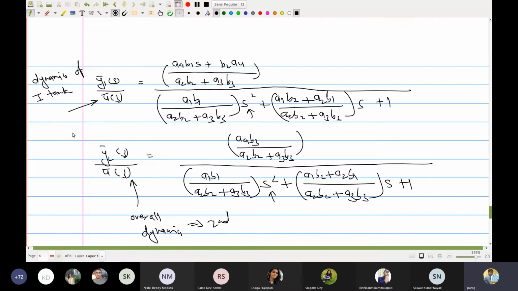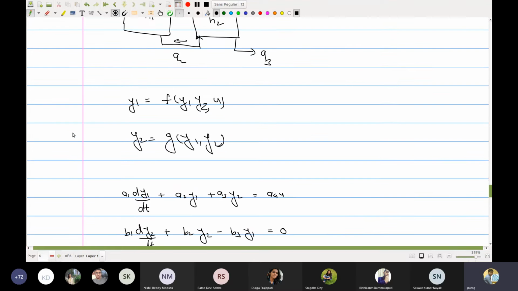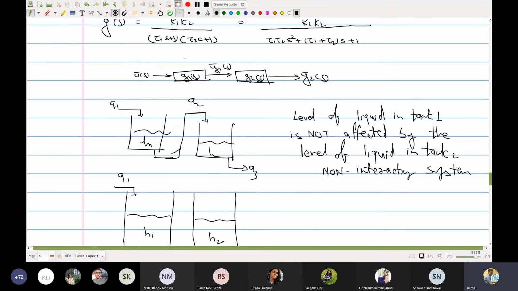So in the first case, overall second order and first tank first order.